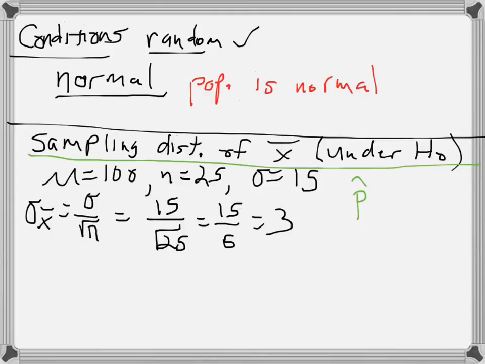And what that means is that the distribution of sample means of whatever size sample, in this case 25, is normal. Not that the population is necessarily normal, but we learned that if the population is normal, it doesn't matter what the sample size is, the distribution of sample means is going to be normal as well.